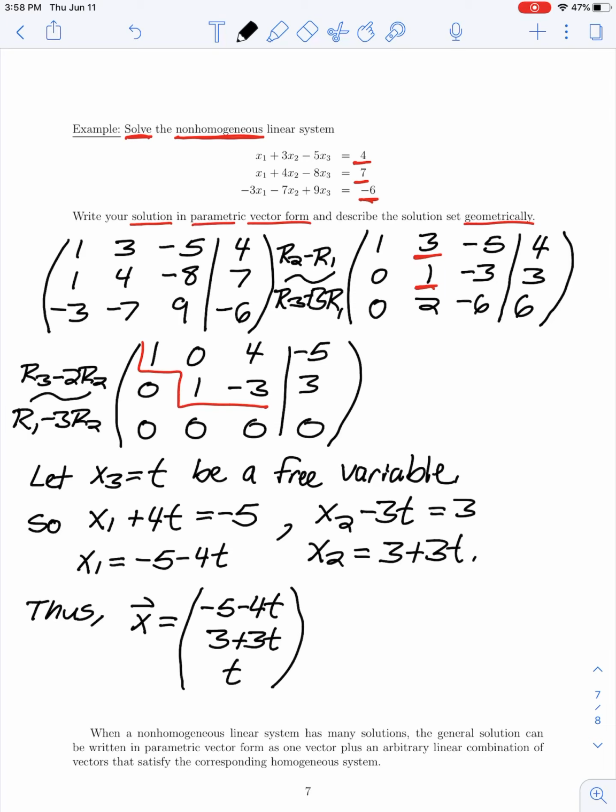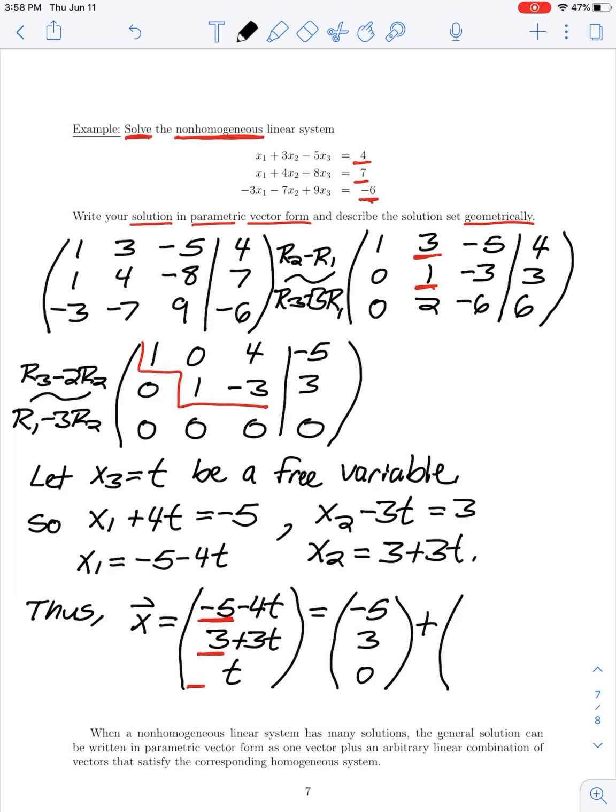So if I split this vector into the sum of two pieces, as we did with our previous example, well, let me start by pulling out the constant terms, my negative 5, 3, and 0 from each component of this vector.